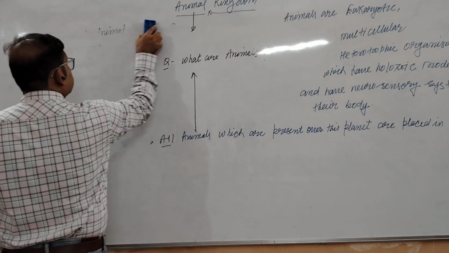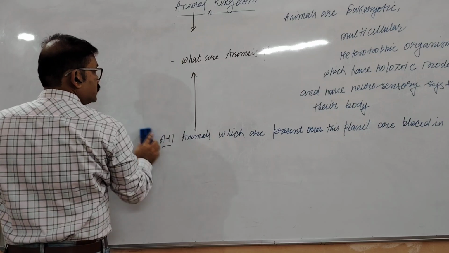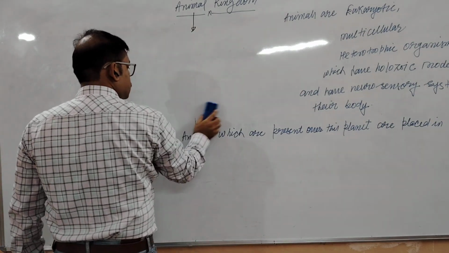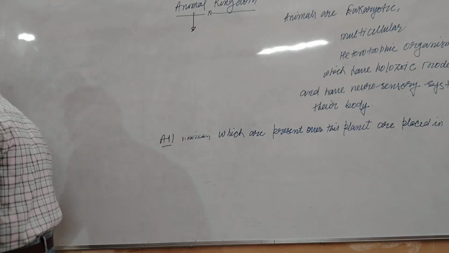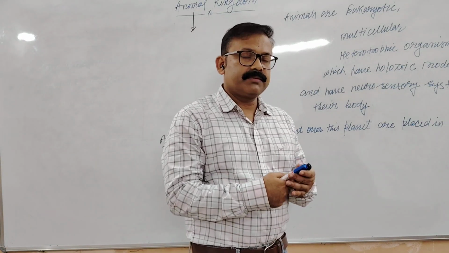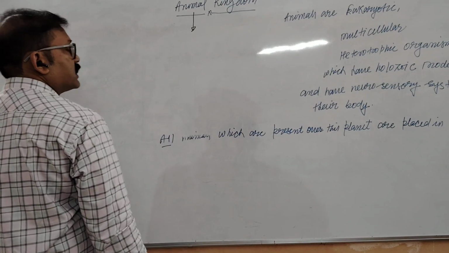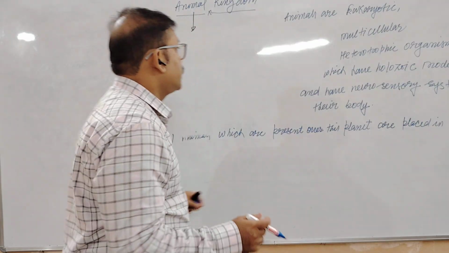So you may ask, sir, how can we study the animal kingdom? Because the animal kingdom is so vast. There are so many species of animals present in it. How can we study the animal kingdom conveniently, systematically, in a well organized manner?